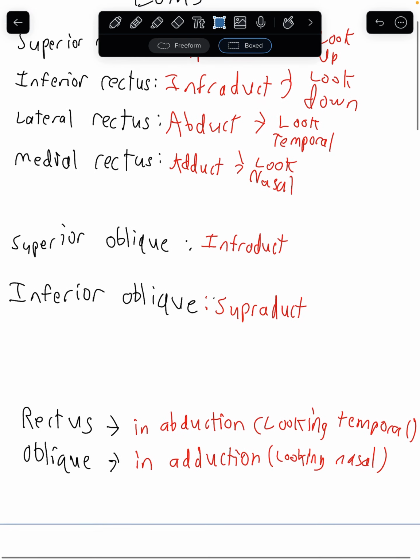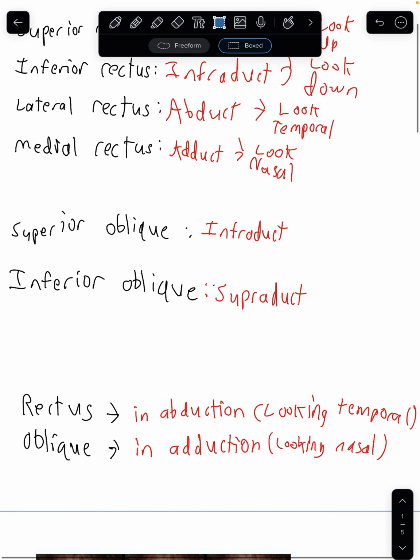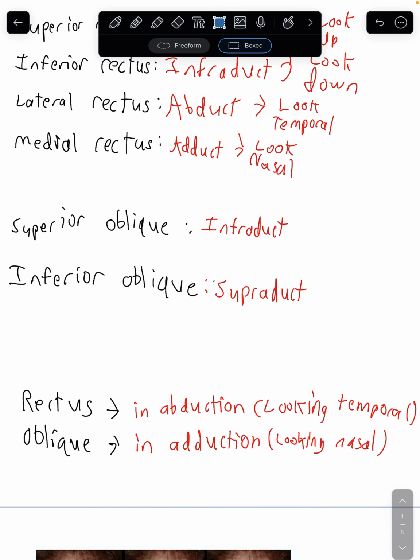And so the thing I want you to remember is she'll ask questions about patients looking up and to their left or up and to their right. And so to figure out which muscles are working, you have to know whether the patient's eyes are in abduction or adduction. So rectus muscles work when the patient's in abduction, and oblique muscles work when the patient's in adduction.